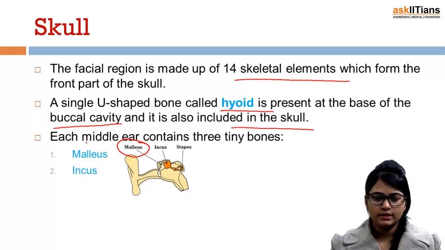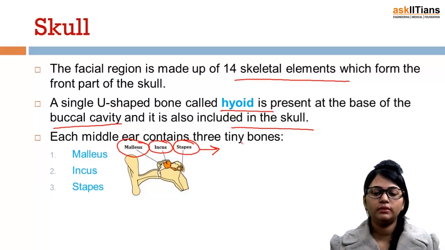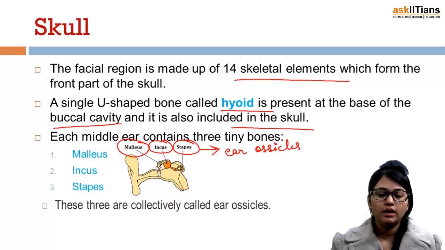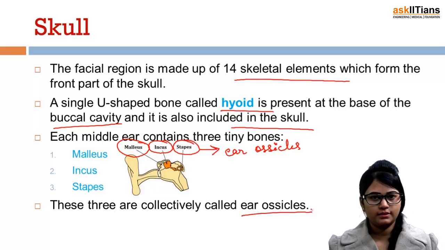Incus, you can see here, this is the incus. And third is stapes. Here are the stapes. These 3 together collectively known as ear ossicles.